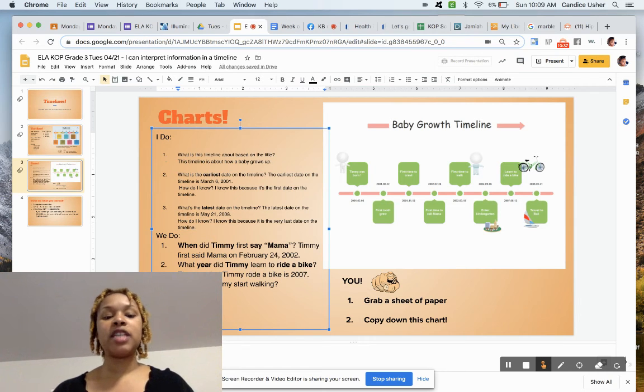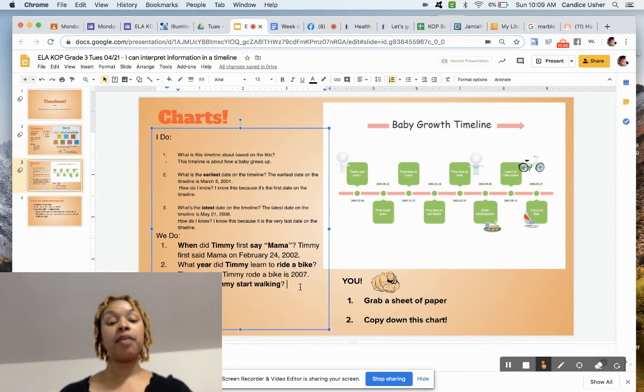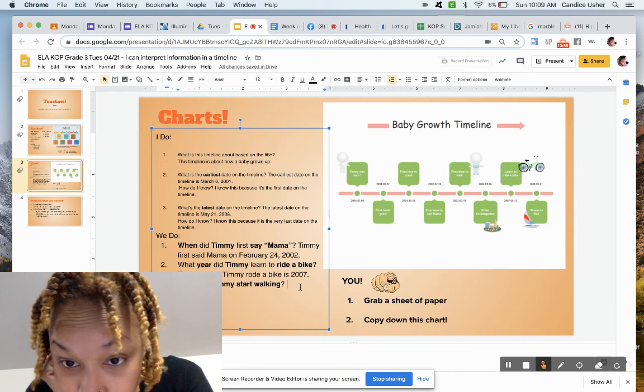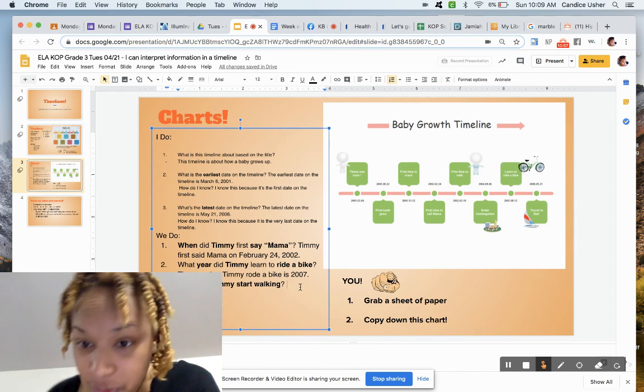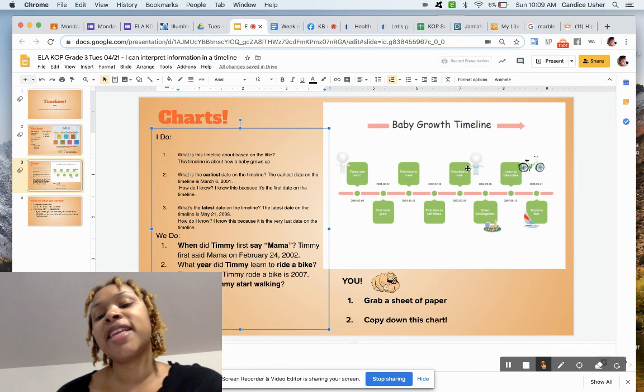Number 3 says, when did Timmy start walking? So we're going to do when, Timmy, and start walking is also some keywords that we need to look for. So now I'm going to look for the word start walking. First time to walk right here where the little blue baby is.